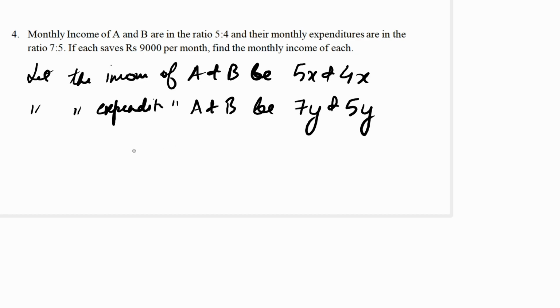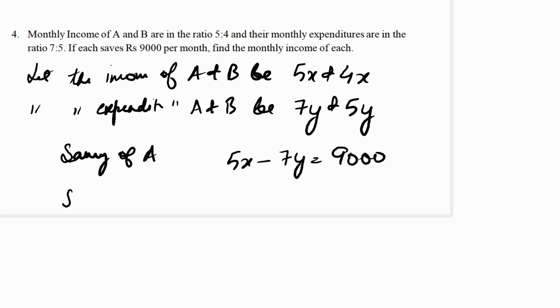So what will be the saving? Saving of A will be 5x minus 7y, and that is 9,000. And saving of B will be 4x minus 5y, and that will be 9,000.